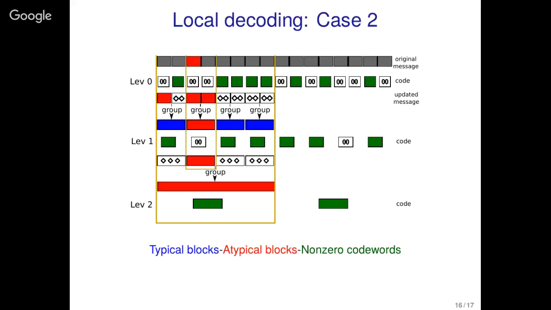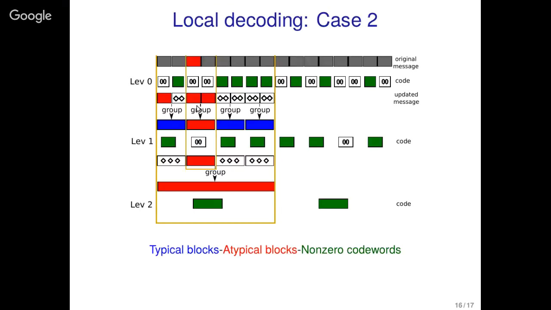So the question is, how do we actually obtain constant QD and constant QU? The main intuition as to why we can obtain constant QD and QU is that as you look at larger size blocks, the probability that a large block is atypical is exponentially small in the size of the block.